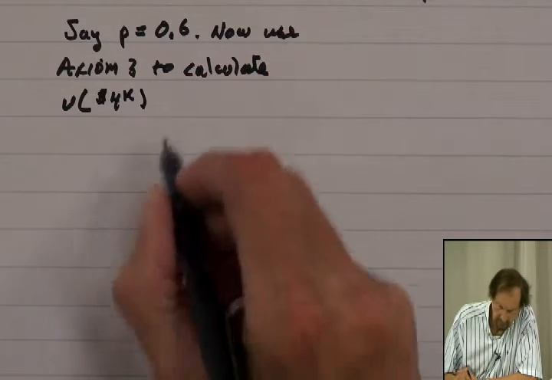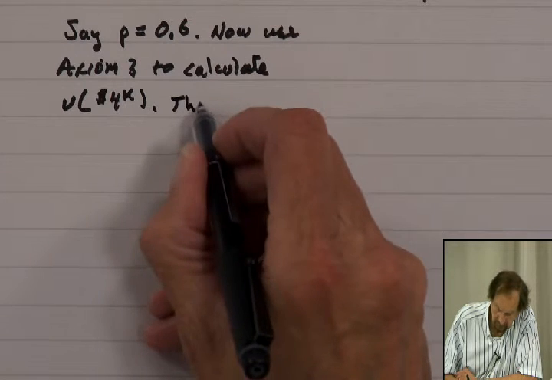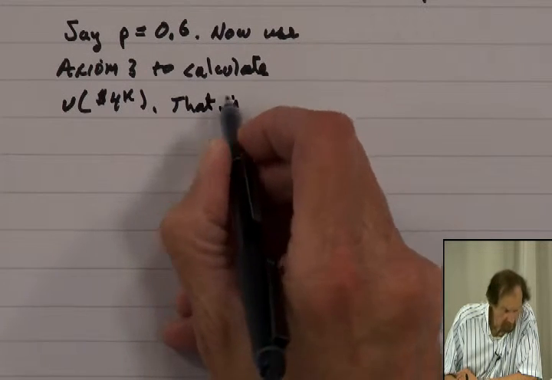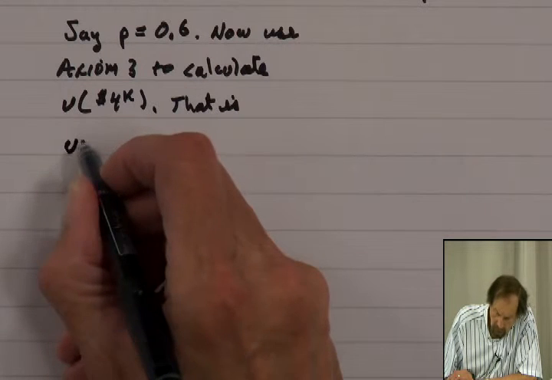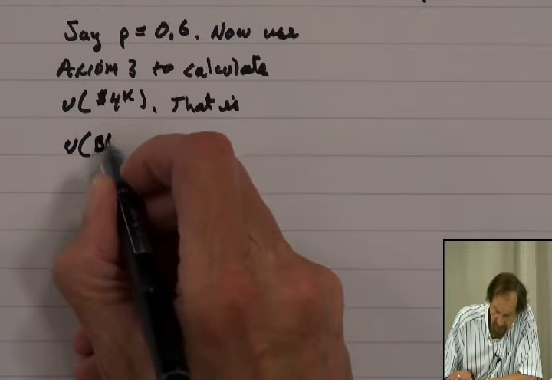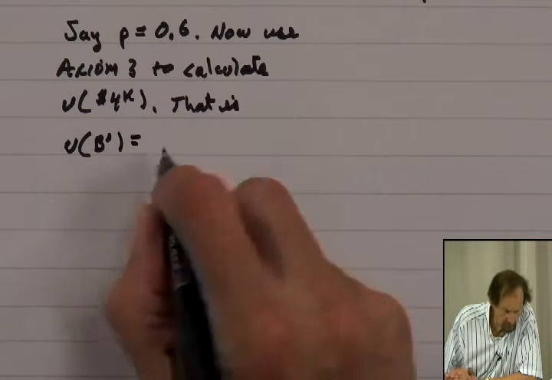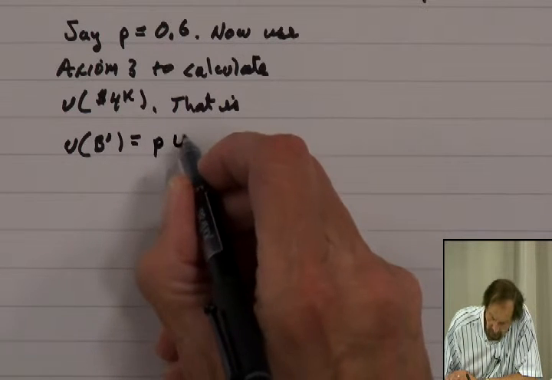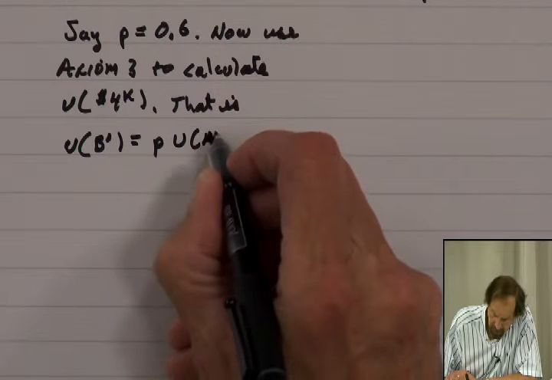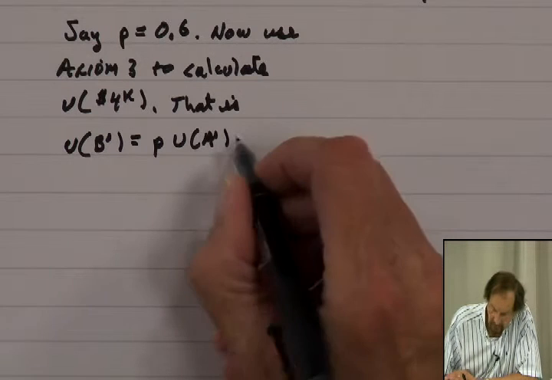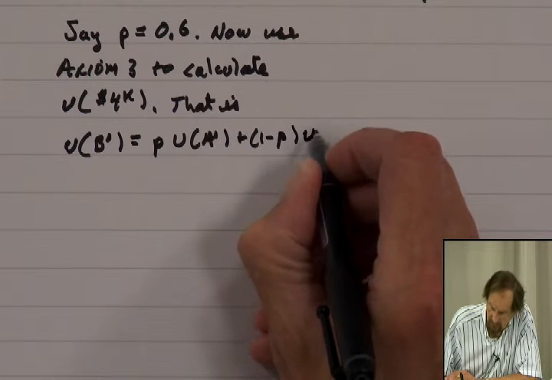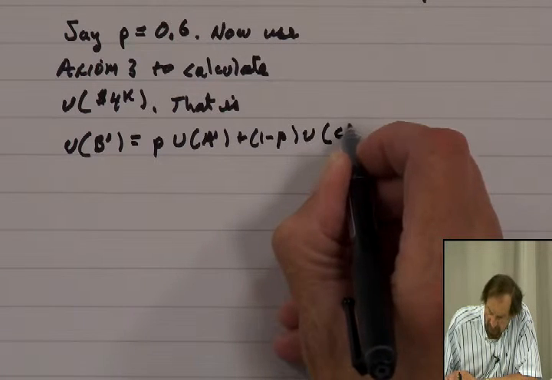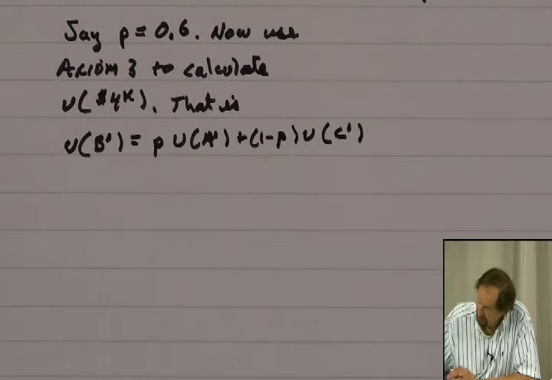That is, we solve the following. We say that U of B prime equals P U of A prime plus 1 minus P U of C prime here.